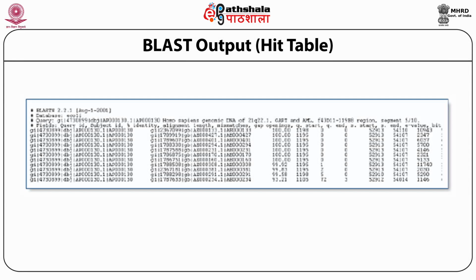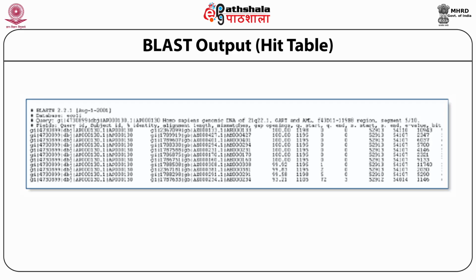Now, many times you are not just a simple user of BLAST, you are a more sophisticated bioinformatician, and you would like the output to go into some other program, for some further analysis you are going to do. If we saw the traditional report, it's very easy to read, but it's very difficult to parse. So this particular form of output, the so-called hit table output, gives you a tabular format, which you can read with Excel or any such spreadsheet or any programs that you are tending to make.